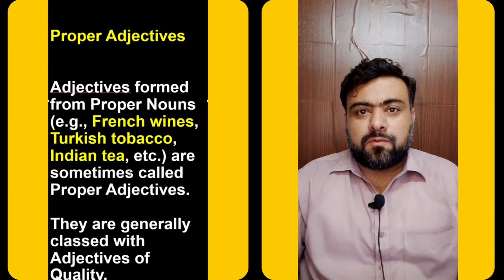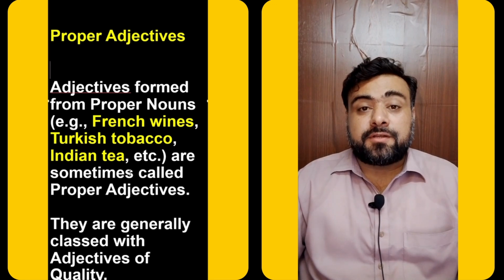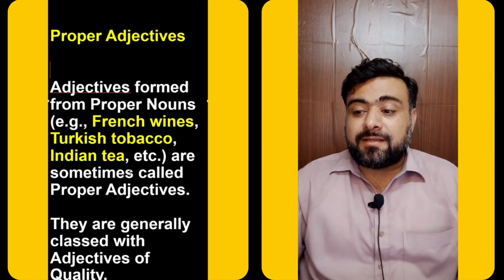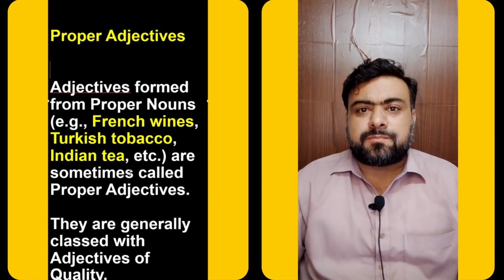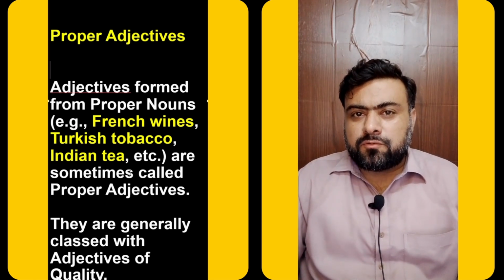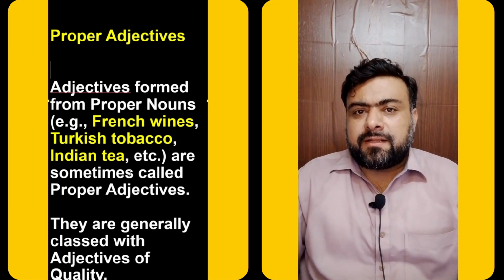Proper adjectives. What is a proper adjective? Adjectives formed from proper nouns, French wine, Turkish tobacco, Indian tea, are sometimes called proper adjectives. Those adjectives that have been formed from proper nouns, proper names, are called proper adjectives. For example, if I want to describe the kind of wine and I say it is French wine, so I'm describing the noun.